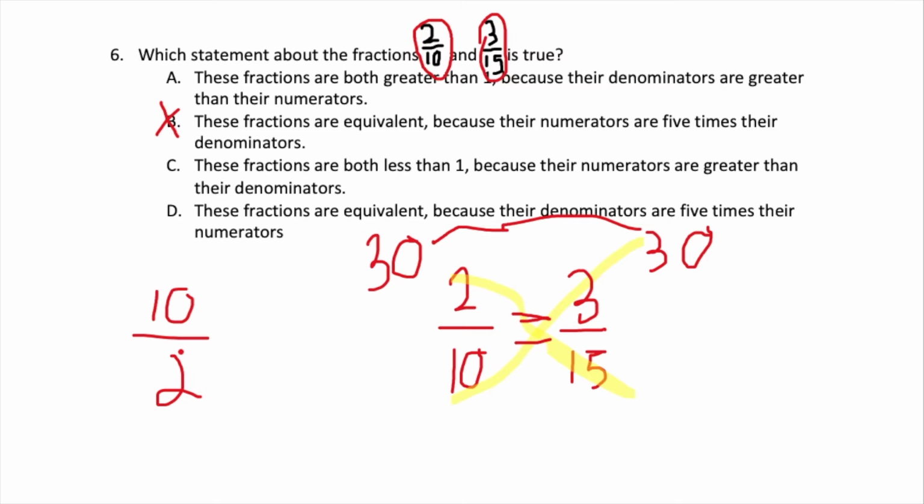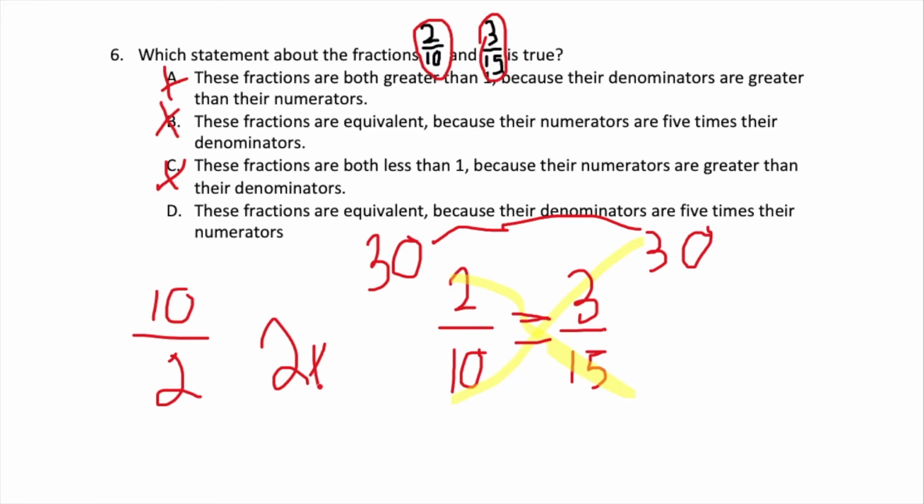Let's try 10 over 2. 10 over 2 would be an improper fraction because the numerator is bigger than the denominator. And anytime that happens, we know that the number is going to be what? Greater than 1. So it's saying it's less than 1 if it was 10 over 2. And that's not even the numbers we're dealing with. So we know C is not right.